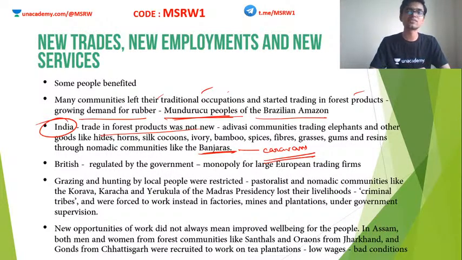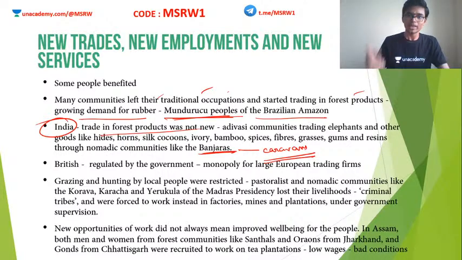The local Indians were not allowed to conduct this trade, but the same was allowed for European companies. Many European trading firms were allowed to collect and trade forest goods and earn huge profits, while the same was forbidden for native Indians.